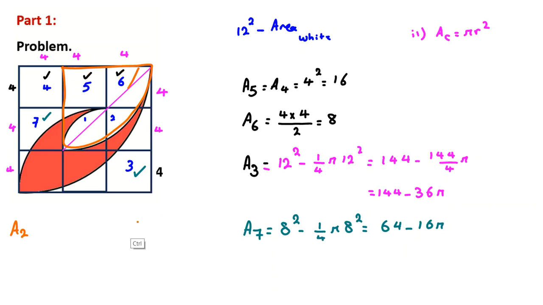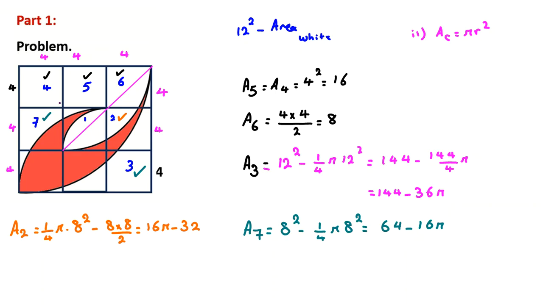So it will be 1/4 times pi, the radius is 8, 8 squared, minus this triangle, which is 8 times 8 over 2. If we simplify, 64 over 4, 16 pi, minus 64 over 2, 32. Okay, we've calculated the area of 2.